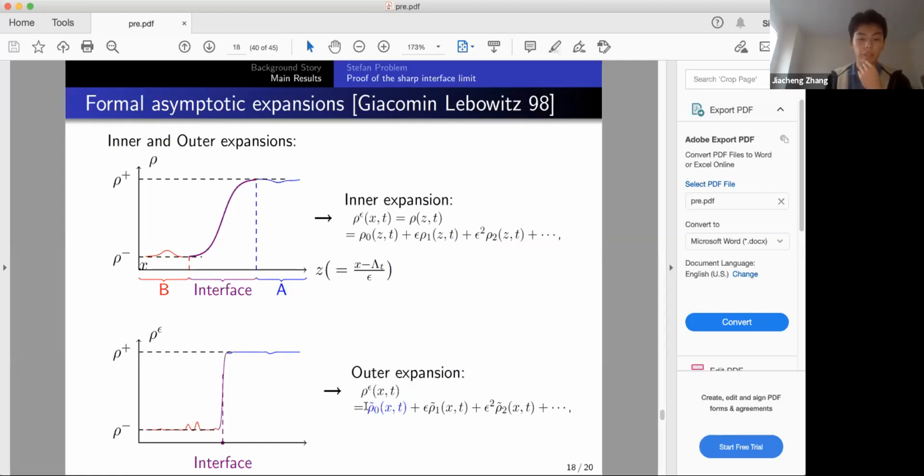So at the very beginning, we will assume existence for this rho 0(x,t) for the proof of the sharp interface limits, which of course, when we look at the one-sided case, is exactly the first result of our work, the existence and uniqueness for the one-sided Stefan problem here.